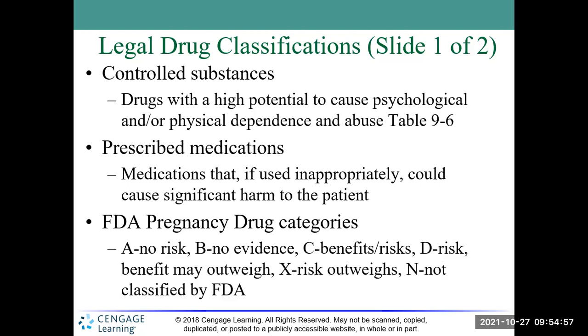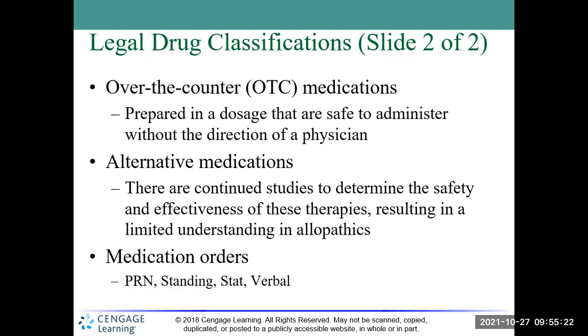B, the studies show that there is no evidence of risk. Class C shows that there is a risk, but again, the benefits may outweigh it. And class X, the risks outweigh the benefits. And class N, it has not been classified by the FDA. So that means that there have not been enough studies done on the medication for it to have a classification.